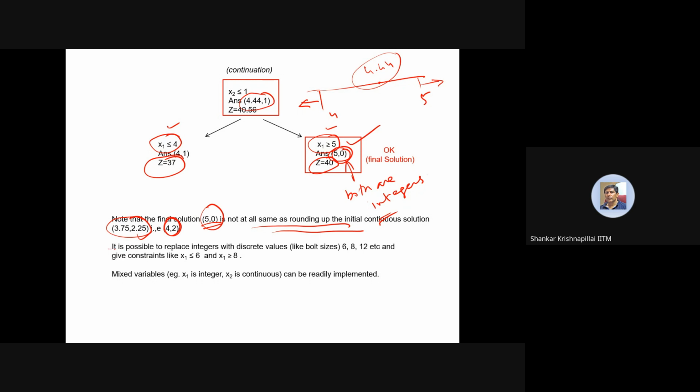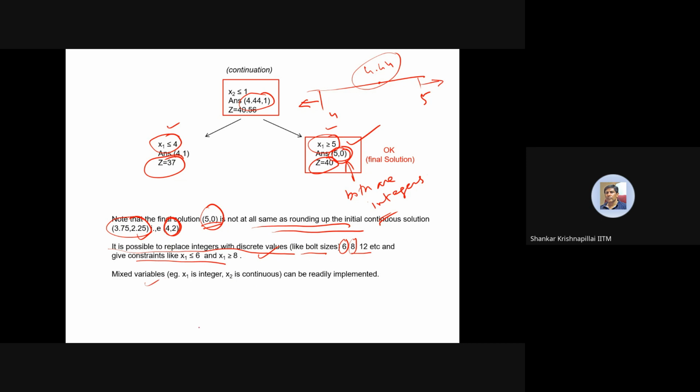Okay, then it is possible to replace integers with discrete values like bolt sizes or modules, and you can give constraints that x1 is less than 6 and x2 is greater than 8. Okay, so you can deal with the discrete values also.